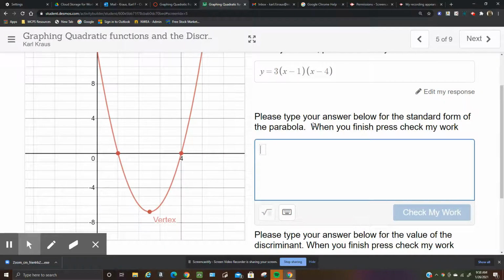So writing this in standard form, I'm going to multiply x minus 1 times x minus 4 first. So x squared minus 4x minus x plus 4. Combine like terms. And then distribute the 3 to all the terms.